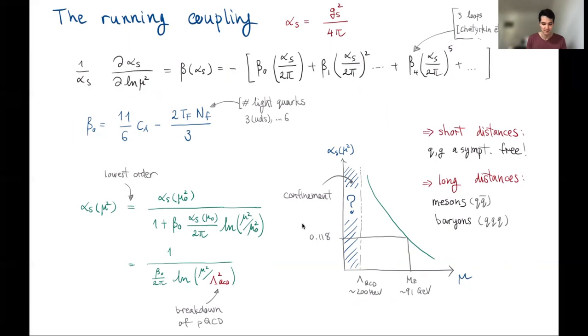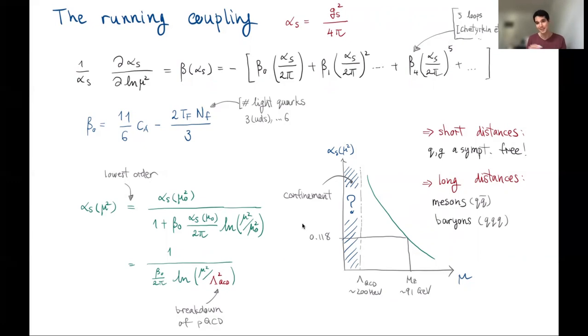So essentially the logarithmic derivative of alpha_S gives us the so-called beta function, which I can expand in powers of alpha_S, and it's actually known up to 5 loops. For our purposes, all we need is beta_0, and it's given here.